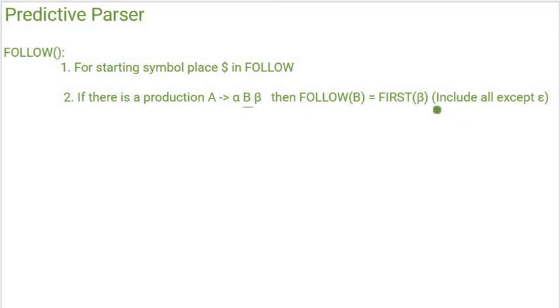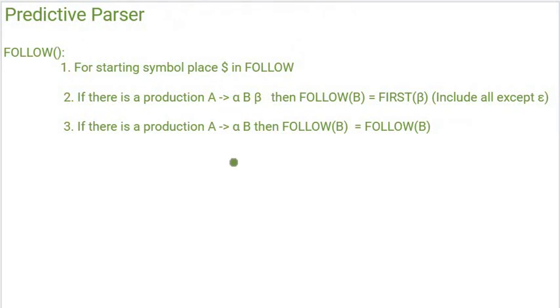Okay, so remember this point. We have to include the first of beta except epsilon. Suppose if you have an epsilon, then you have to do something. I'll let you know shortly. So other than epsilon, we have to include all the symbols whatever you have in the first of beta. So those first of beta will be the follow of B.